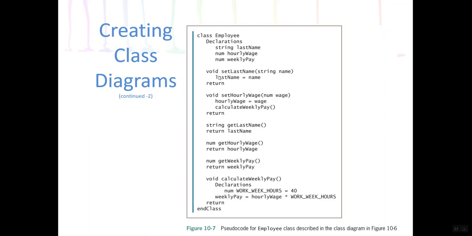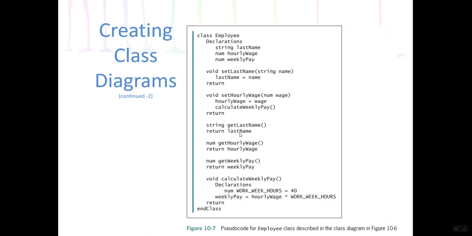So you'll notice there's set last name, set hourly wage, and there's also a get last name and a get hourly wage. And this is kind of the converse. Instead of pushing data to the object, get last name doesn't receive any input, notice the empty parentheses, but instead it returns the value of the last name.